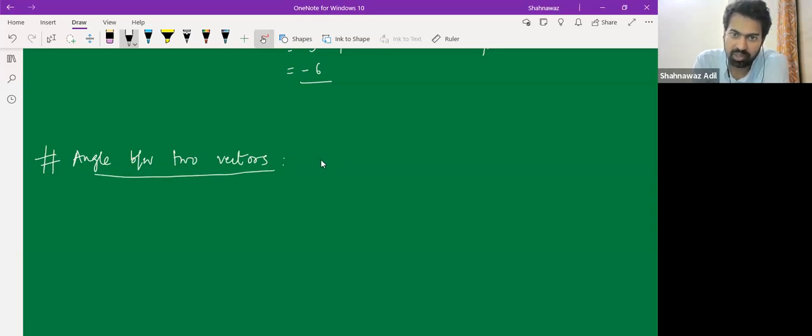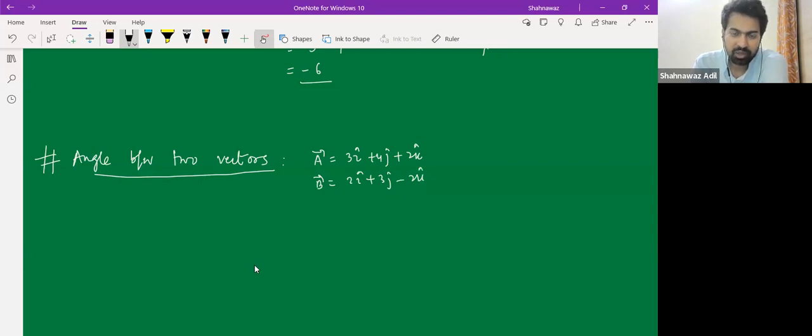I am given this vector A, which is 3i plus 4j plus 2k. And I have been given this vector, which is 2i plus 3k minus 2j. The order is different, right? So 3j and minus 2.